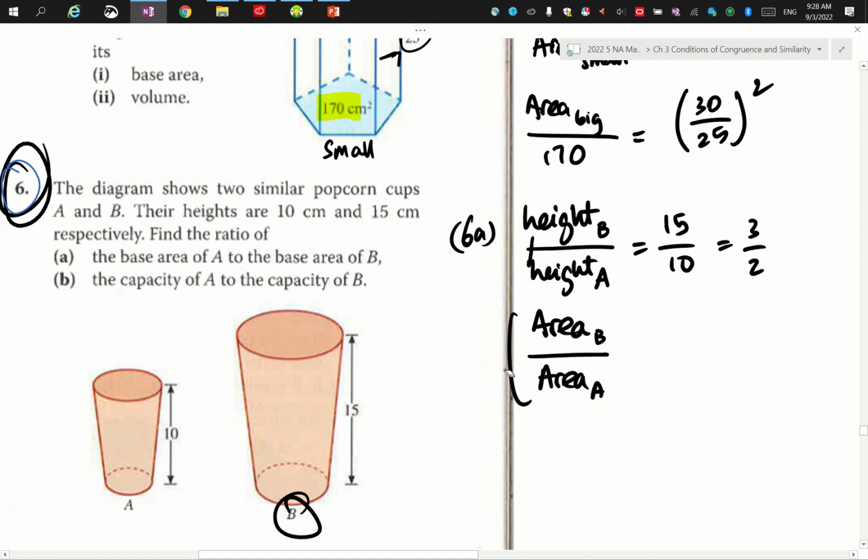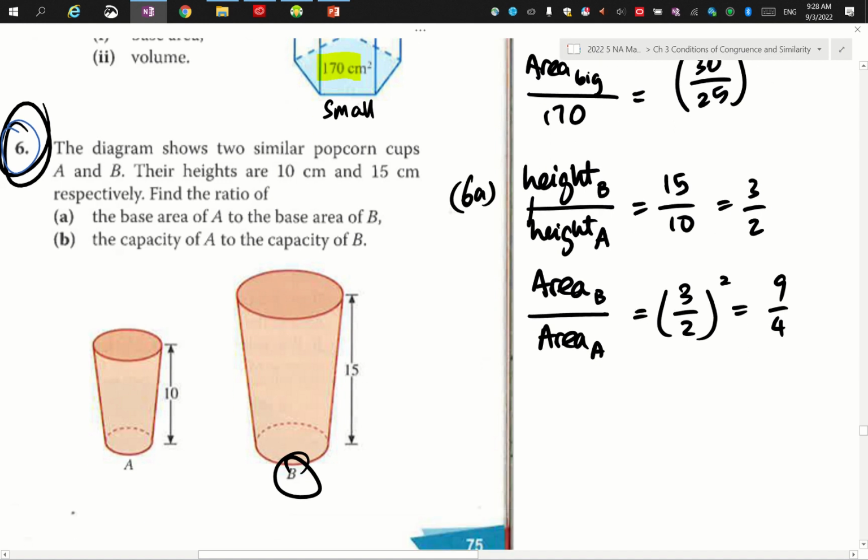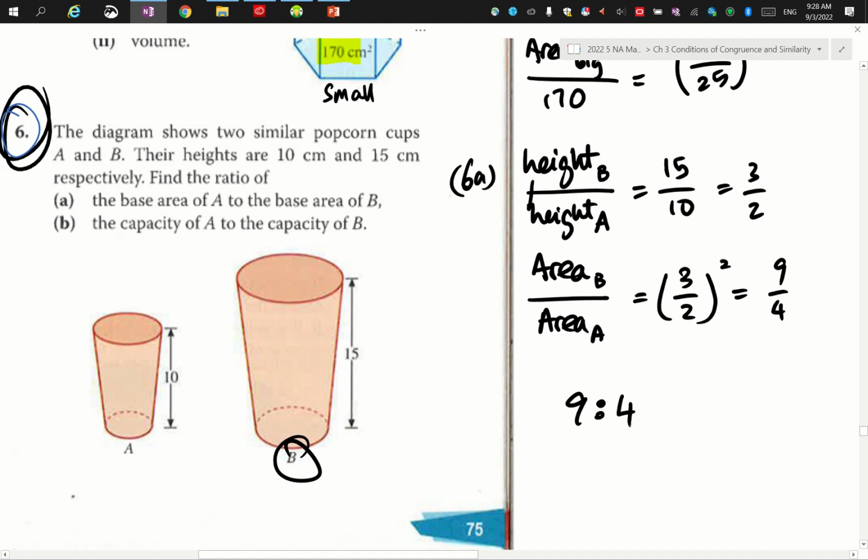Oh, it is equal to 3 over 2 square. Okay, I have you this one, 9 over 4, and then? Write the equation. Tell me what to write lah. 9 is to 4. So 9 is to 4. 4 is to 9. So just like this.